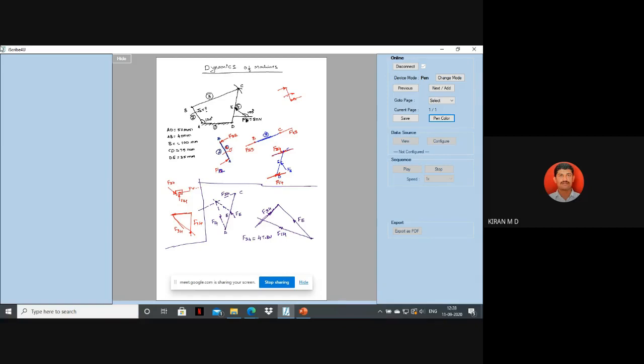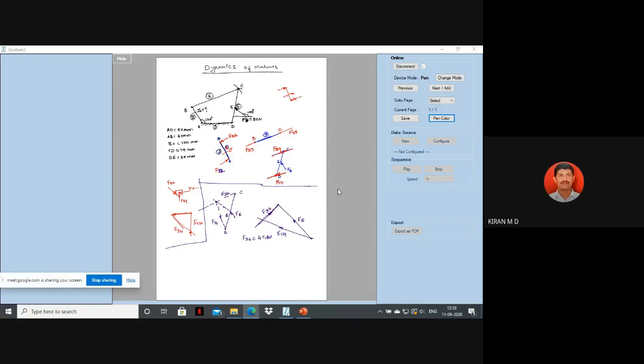I have not measured F14. Later on we will measure it, because it is not necessary to find out the torque. That's the only reason I have not measured it. Is it clear? Okay, up to this.